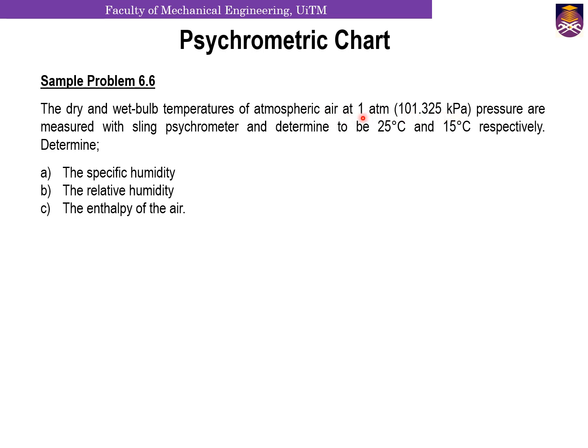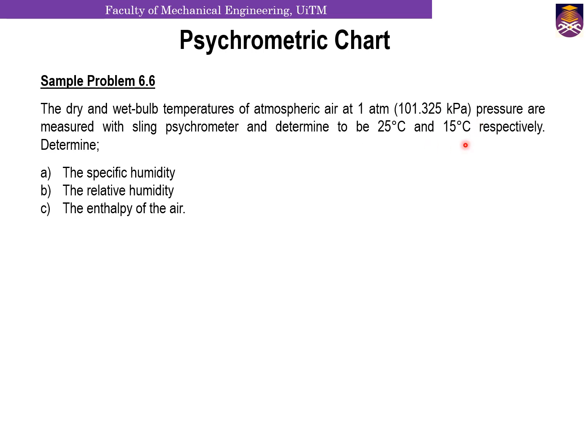The moment they say 1 atm or 101.325 kilopascal, you know automatically you can use the psychrometric chart. The temperatures are measured with a sling psychrometer and determined to be 25 degrees C and 15 degrees C respectively. So you have dry bulb temperature 25, wet bulb temperature 15. These are the two parameters given.